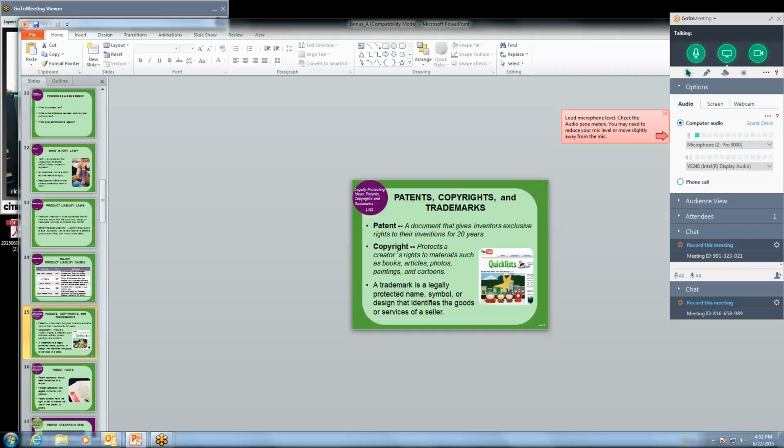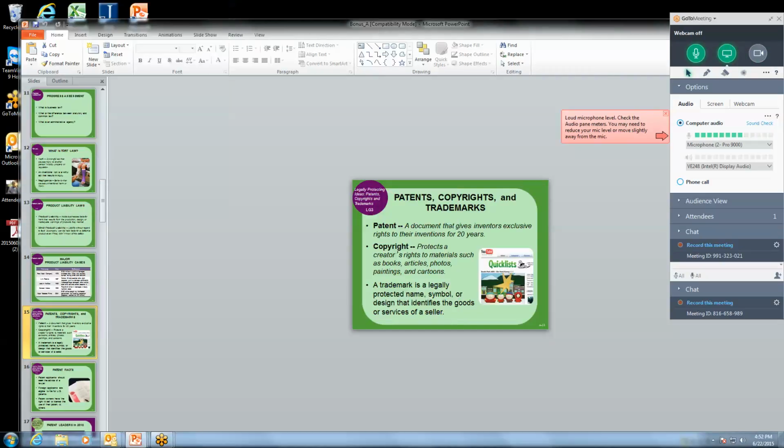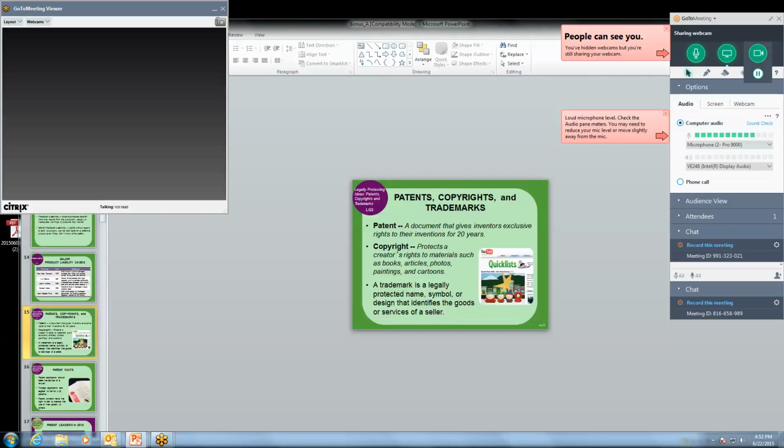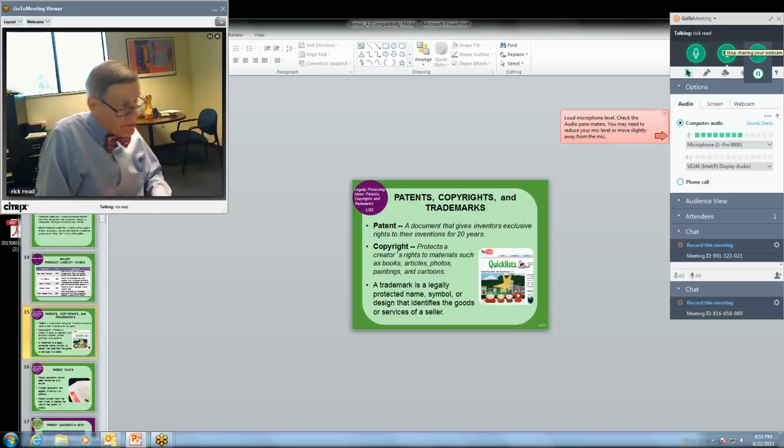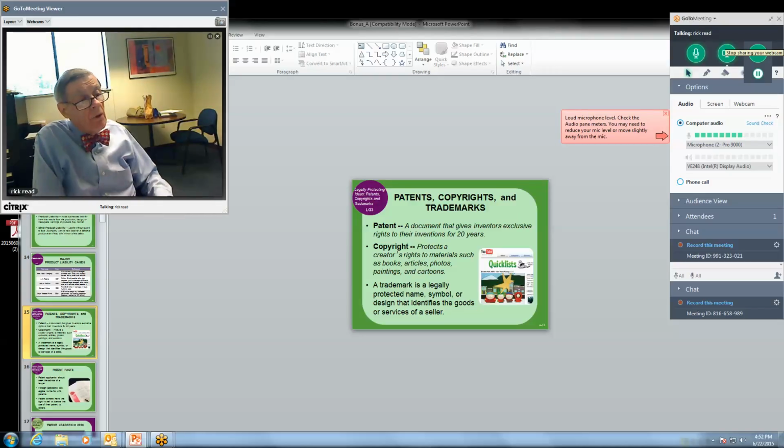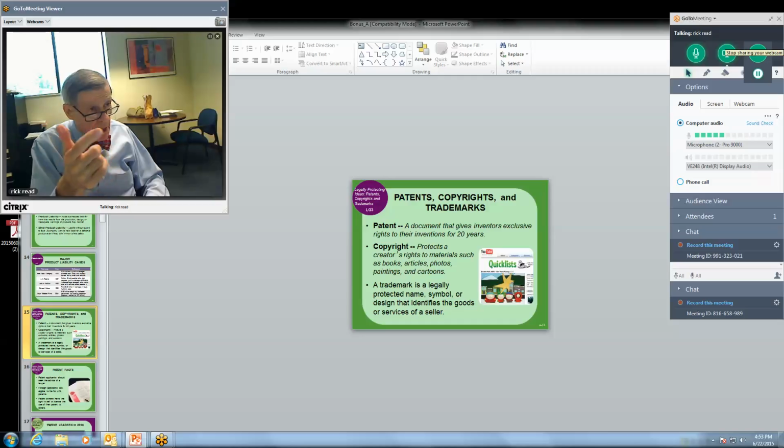Companies have protection, and this is one of the areas where the United States, and I'll get into this, has some problems with foreign countries, which do not do a very good job of policing and assuring that intellectual property rights are maintained. Intellectual property rights come in things like patents, copyrights, and trademarks.